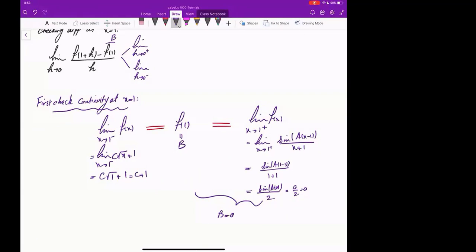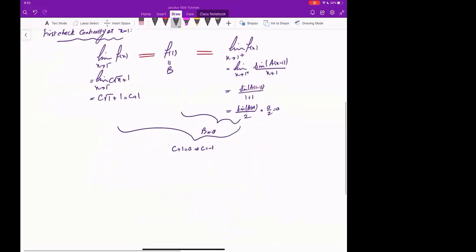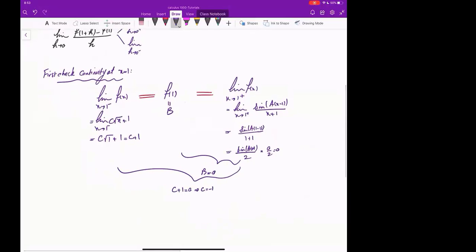And then from that, you see that c plus 1 needs to be equal to 0. So this will give me c is equal to negative 1. We are yet to get to the final result, but so far, just by looking at this, we found what c is and what b is.